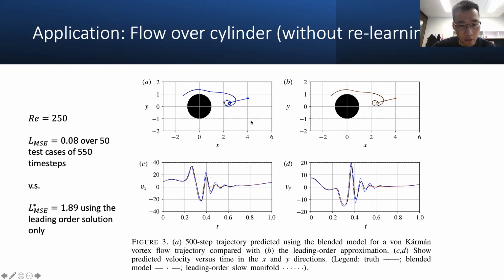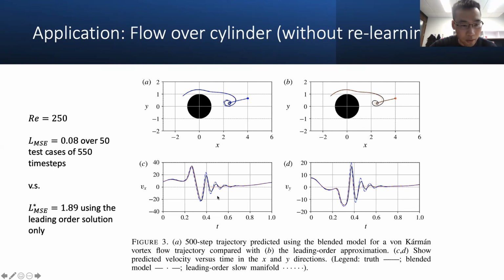On the figure on the right-hand side, the top row shows the particle trajectory, where the blue curve is the result from the hybrid model and the orange curve is from the leading order solution. It seems like the difference is small from this particle trajectory.